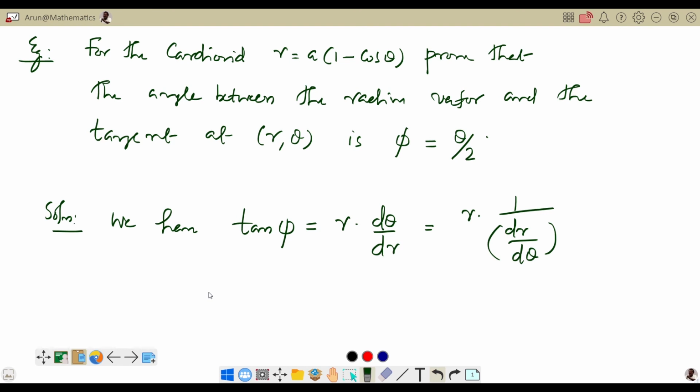So we have dr by d theta is a into, derivative of 1 minus cos theta with respect to theta, so it is sin theta.